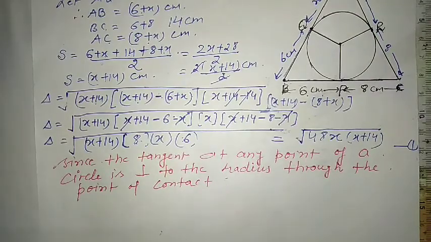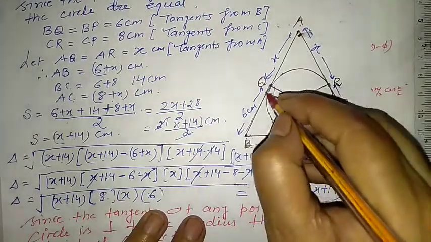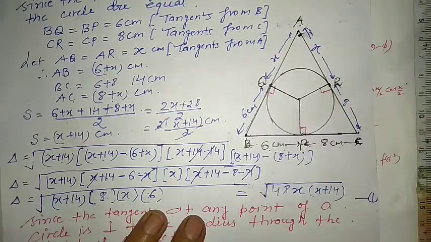This is given. Okay. So all these points, this angle and this angle, all are 90 degrees.